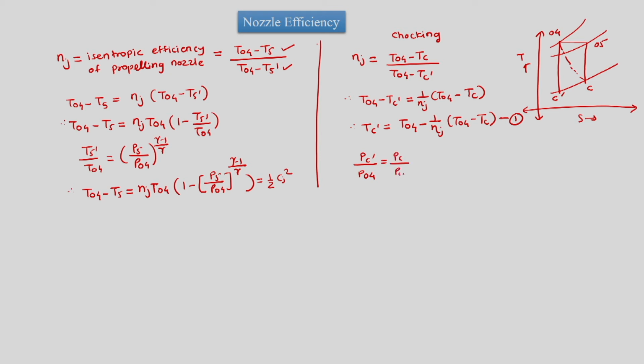So this is Pc upon P naught 4, and this can be found out from Tc dash upon T naught 4 bracket raised to gamma upon gamma minus 1. Here we can put Tc dash from expression 1.